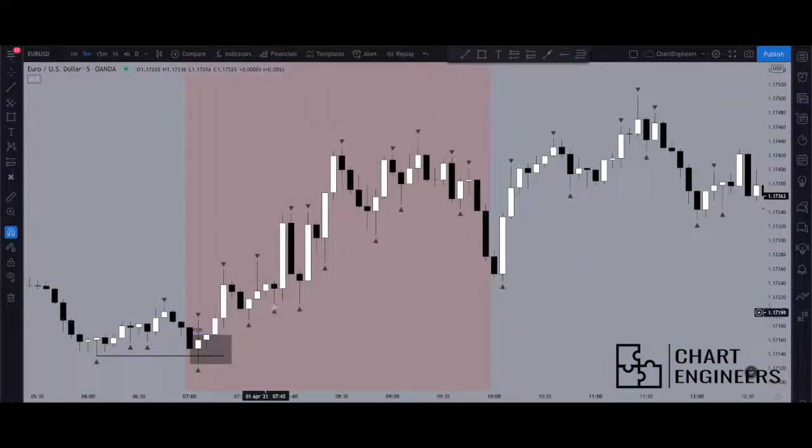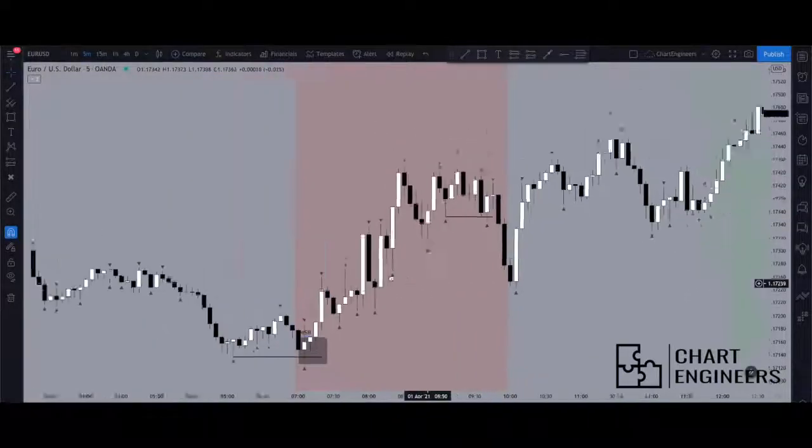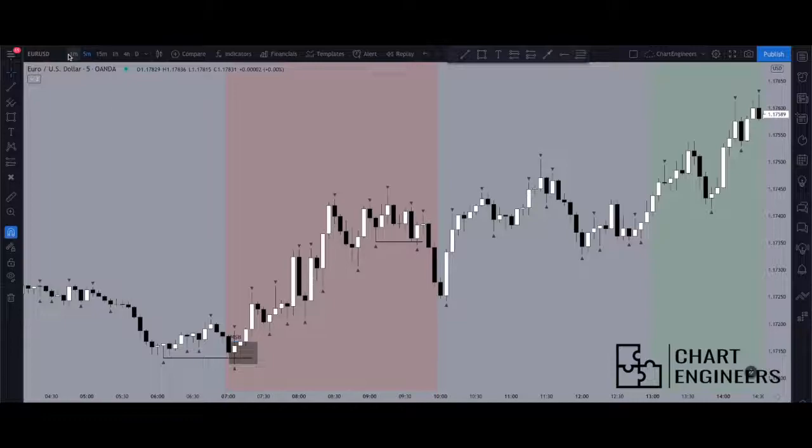Now you just want to mark out more liquidity raids. So no liquidity raid, no raid, no raid, no raid here. We get a raid over here.